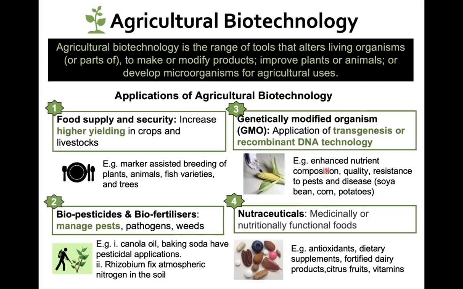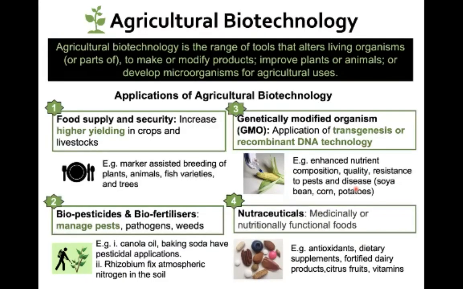Okay, all that is to enhance nutrient composition, also to improve the quality and also make it resistant to pests and disease, supaya kita tak rely on pesticide. Okay, dia insertkan the gene into the corn atau into the potato to make it resistant to pests and also to disease.